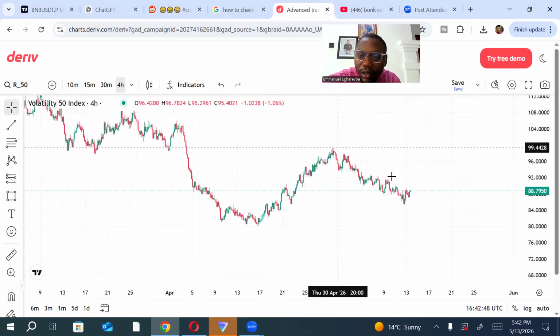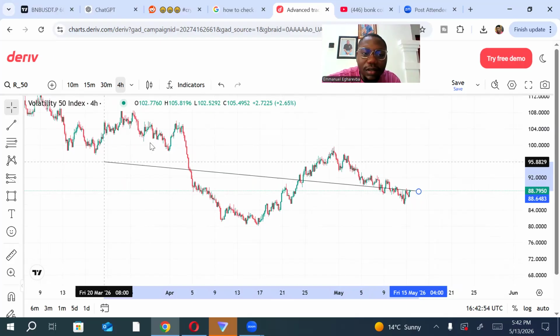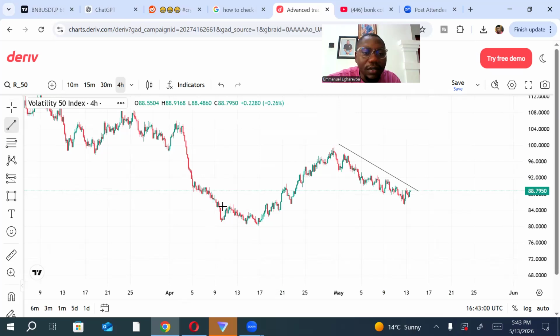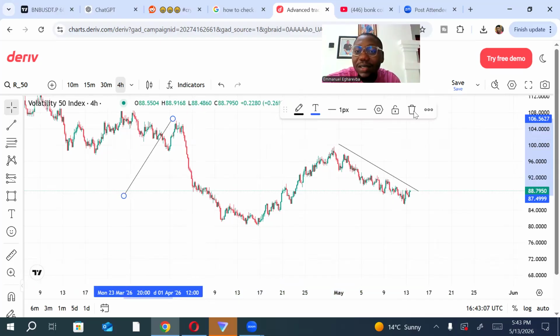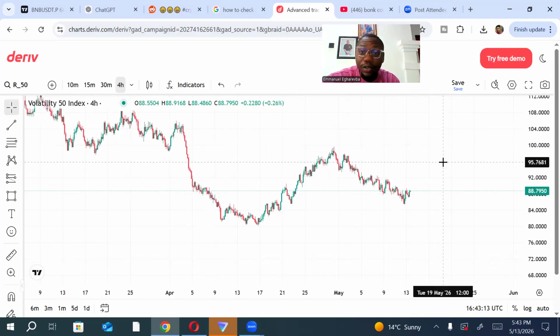This is the current trend here, and this here is the existing trend from this point to where price is now. So the trend is bearish, but we want ChatGPT to analyze this and give us our entry. I'll show you how to do this very swiftly.